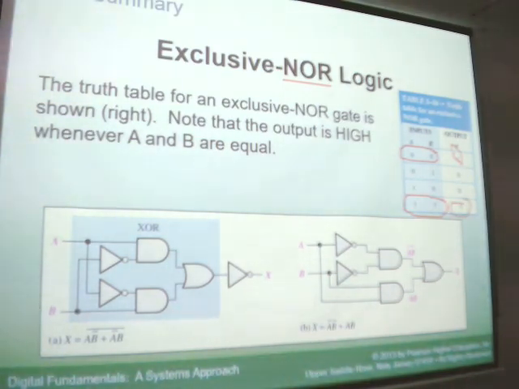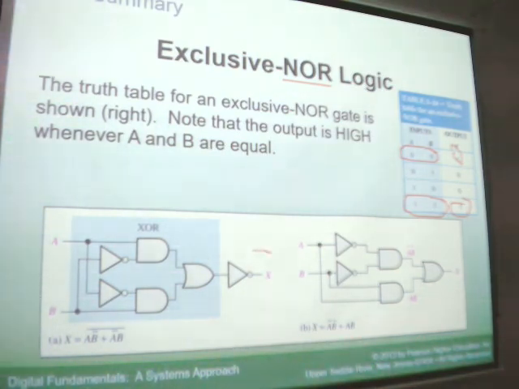So we call this exclusive NOR logic. The diagram for exclusive NOR is like this.